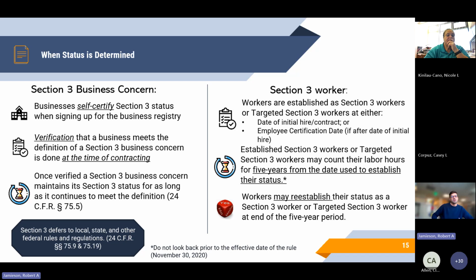So even if their income rises, if they at the project time were classified as a Section 3 worker, they can maintain that status, and then we need to reestablish at the end of that 5-year period.